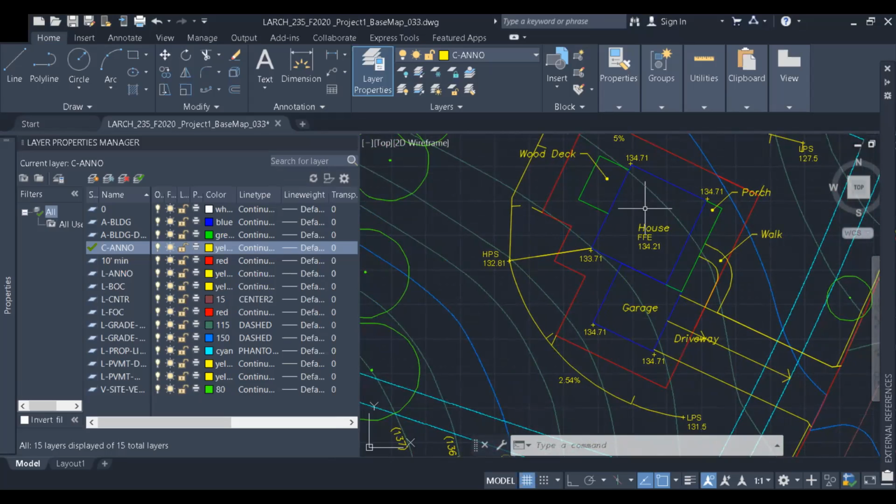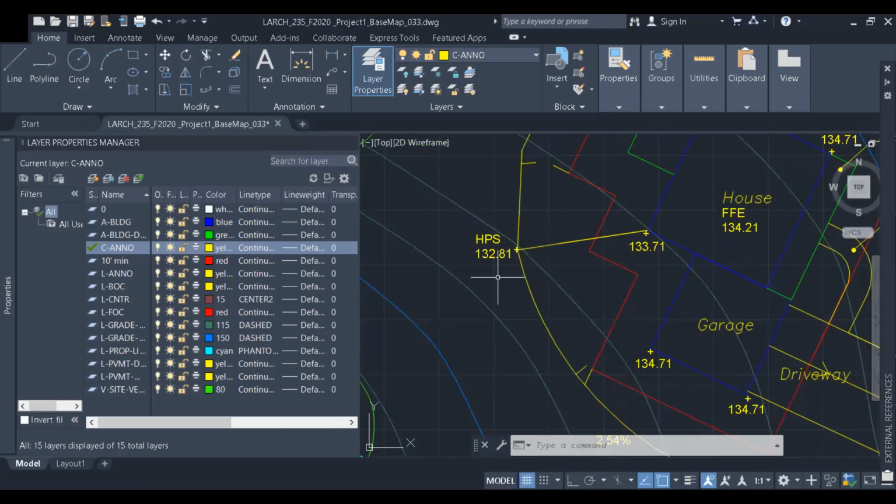So only go to 1 decimal point for now, so that you can remember when you get there that you need to go back and calculate these in more detail. So my point is, if that is the 132.8 for the spot elevation, for your HPS, is that correct? Or did we change that one yet? Yeah, we changed that one. It's good.